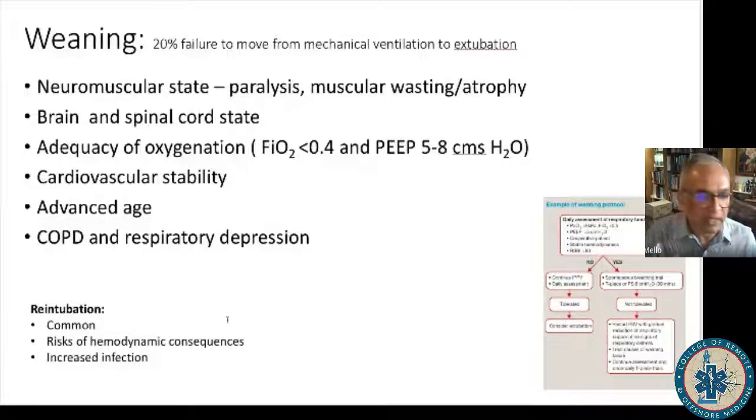And this is where making sure the patient's well filled, making sure you've got fluid resuscitation, or in an emergency boluses of diluted epinephrine are useful.